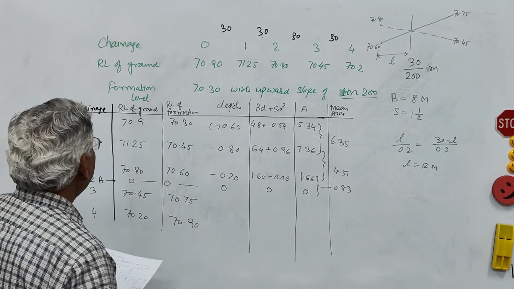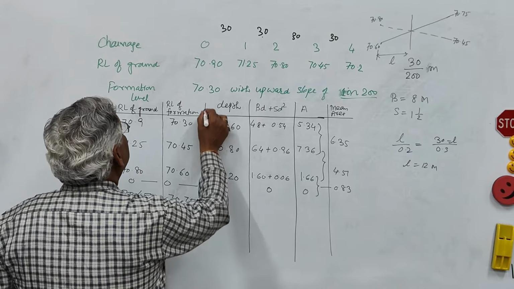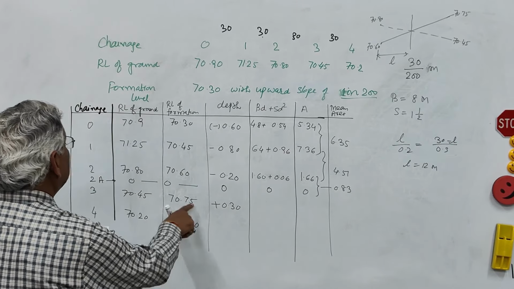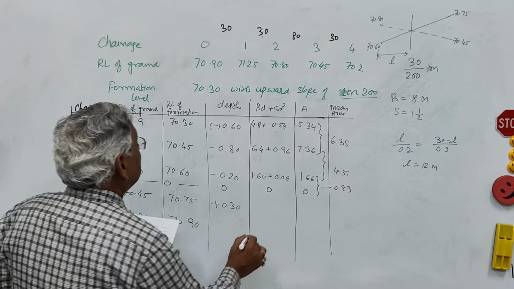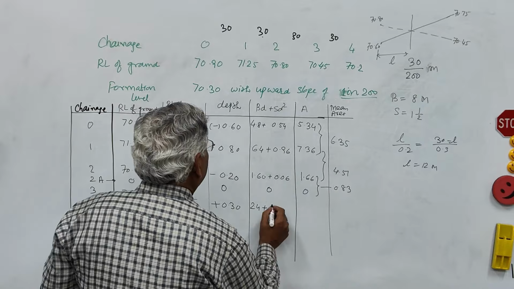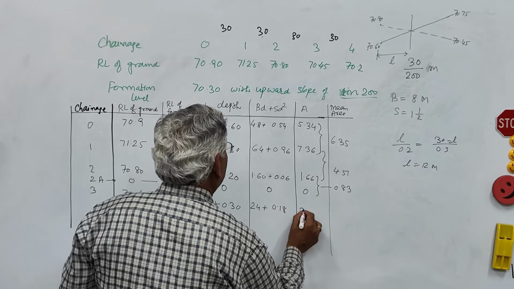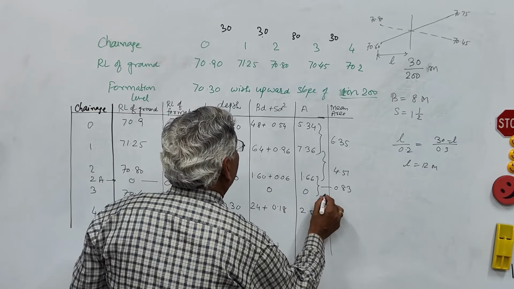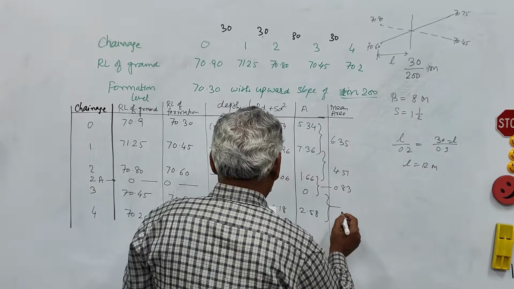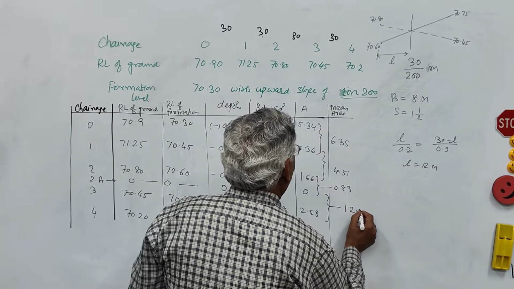So for this, it is now positive, 0.30. Positive. This is 2.4 plus 0.18, so 2.58. Now this will be the average of these two values and this is 1.29.